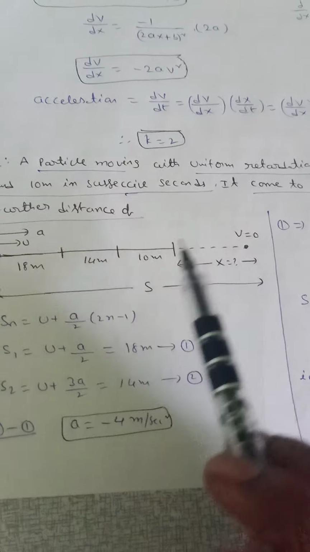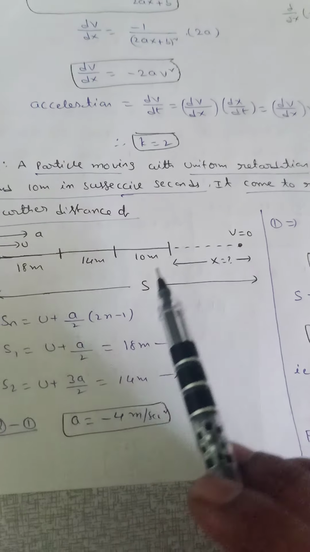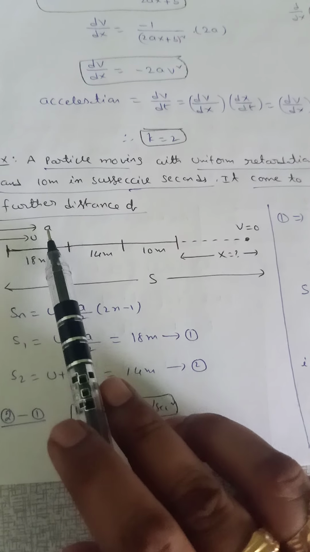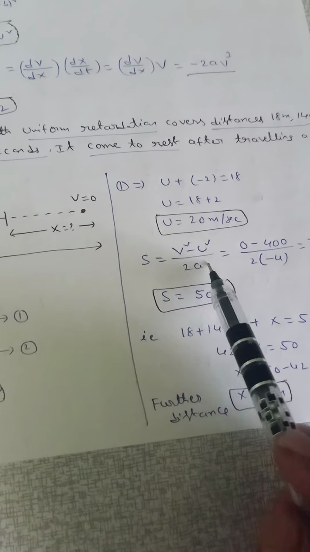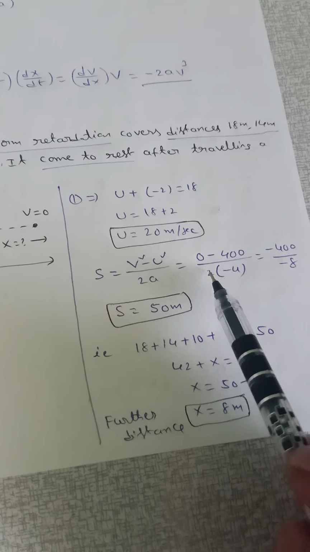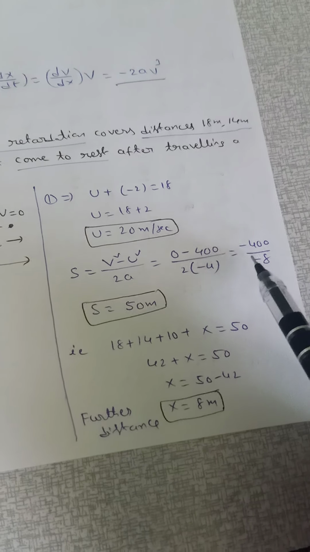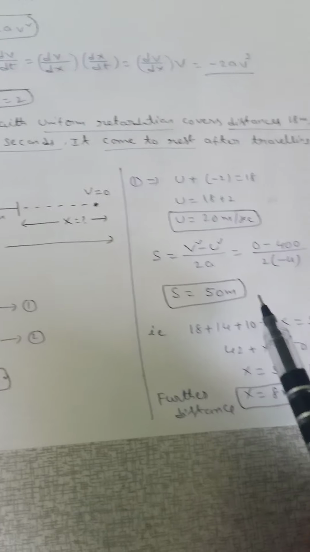Now the total distance traveled s: the initial velocity is u, the final velocity is 0, and the acceleration is a. The distance s equals v square minus u square by 2a. v is 0, u is 20, whose square is 400, so minus 400 by 2 into minus 4, which is 50 meter. The total distance covered by the particle is 50 meter.